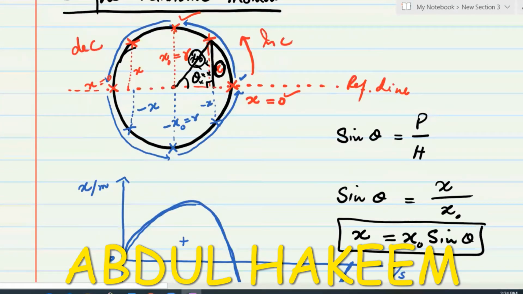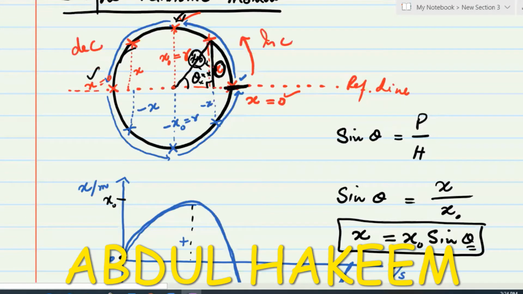We check it. This is the point where the angle swept is 0. So we substitute angle here 0, sine 0 is 0. So 0 times x naught, so x is 0. Then we reach here at this point, the top. The angle swept is 90 degrees. Sine 90 is 1. So 1 times x naught is x naught. So definitely at this point, it is x naught.